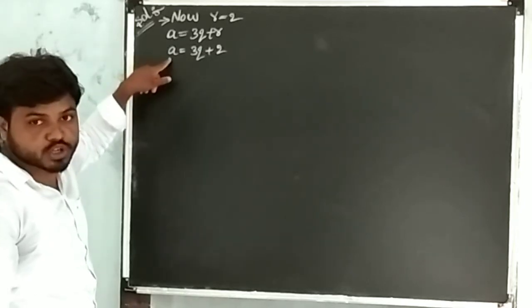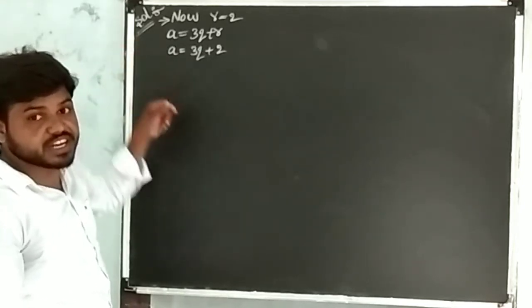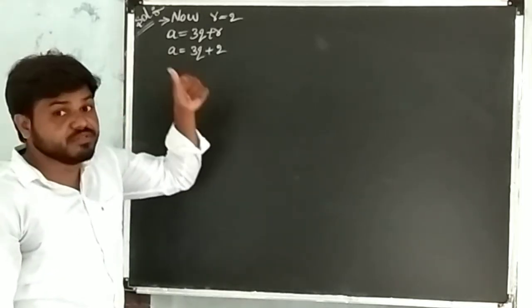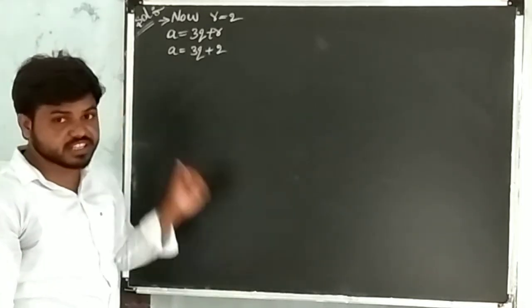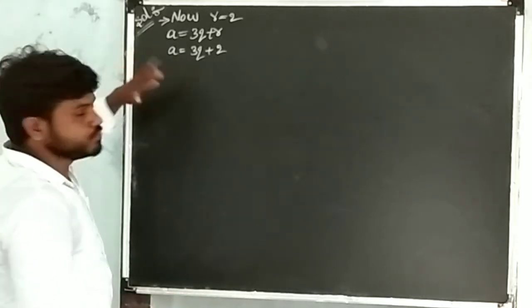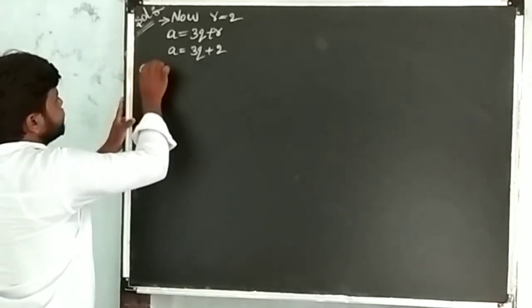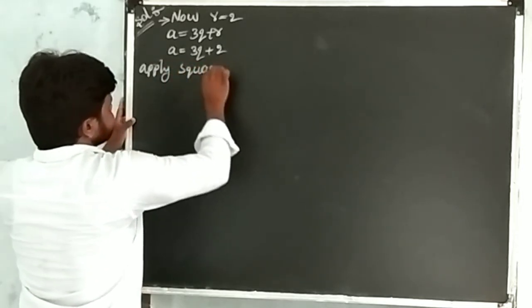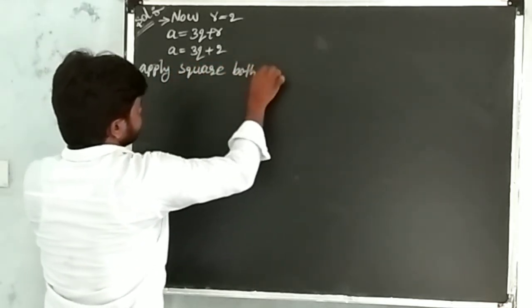Here A is a positive integer, and we need the square of a positive integer. That's why I am applying the square on both sides.